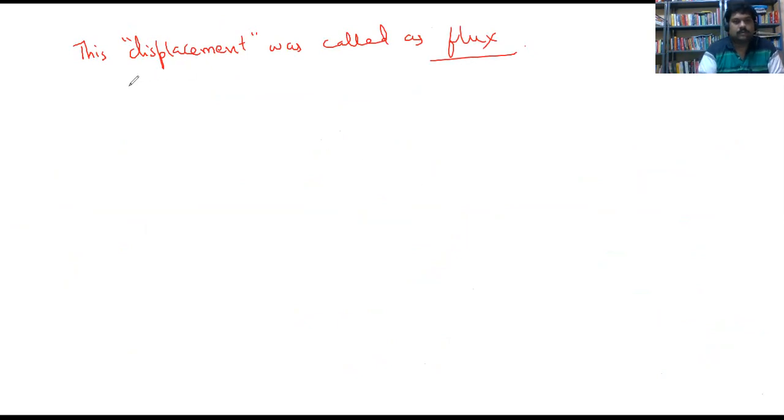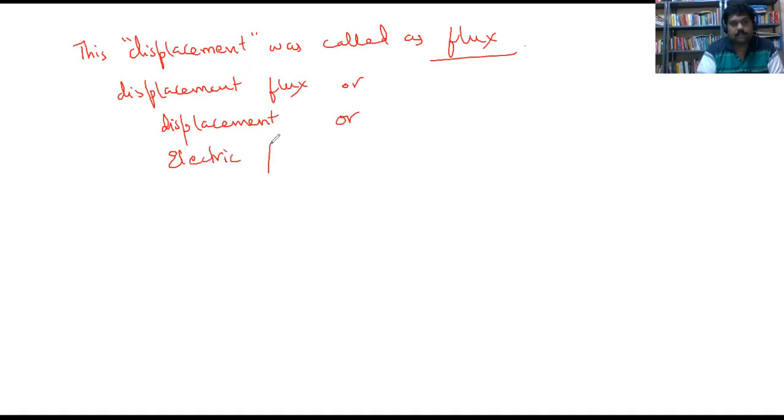Okay, so you can call it either displacement flux, or just displacement, or electric flux. So this electric flux is more suitable for us in this age, right?